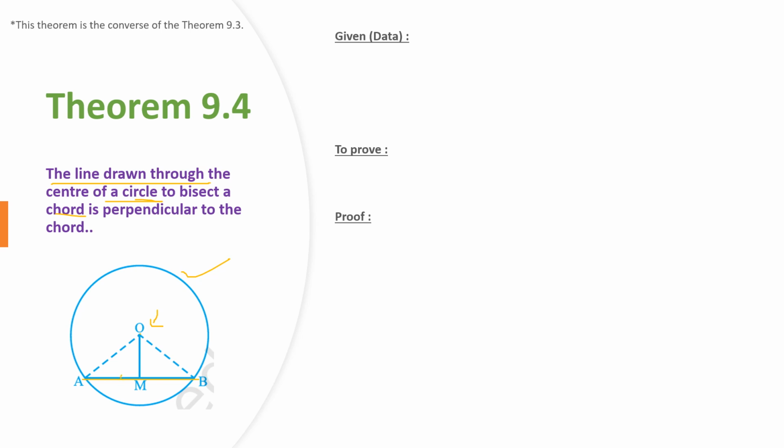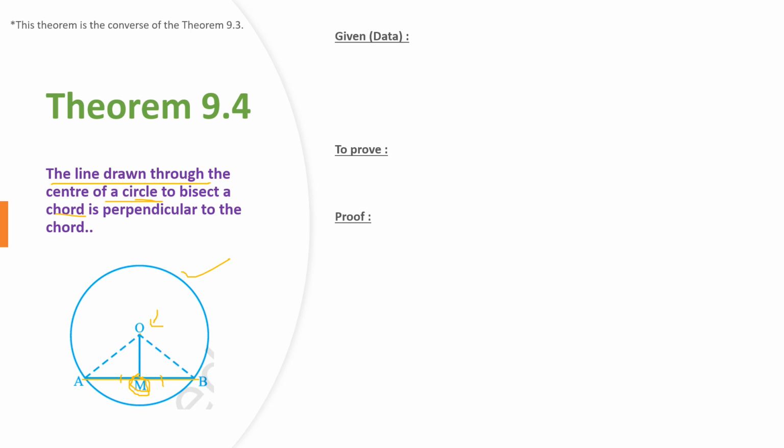It means AM is equal to MB. It means M is the midpoint of chord AB. I want to bisect the chord AB, so naturally I pick the midpoint M. Then I draw a line from the center to the midpoint, the line OM, where M is the midpoint of AB.